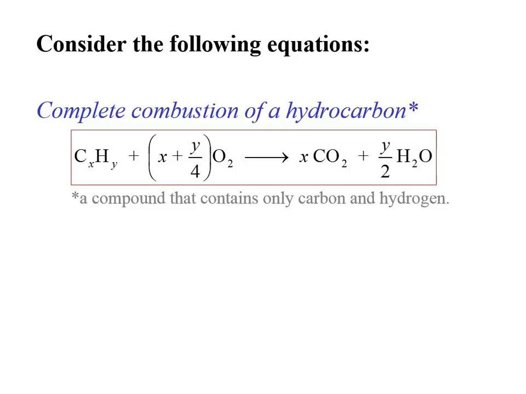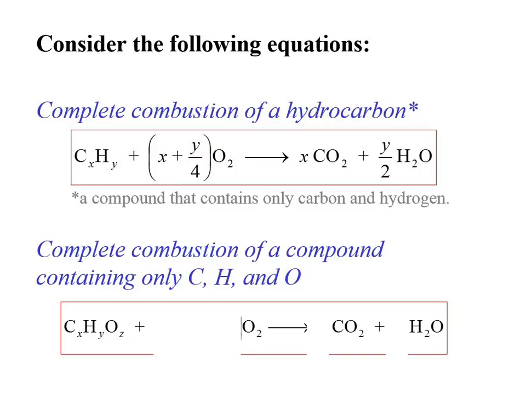Bottom line, when you burn a hydrocarbon, you combine it with oxygen and you form carbon dioxide and water. That's it. Don't worry about the stoichiometric coefficients. We're going to do a problem where we're burning a hydrocarbon. We're also going to do a problem where we burn a compound that contains carbon, hydrogen, and oxygen.